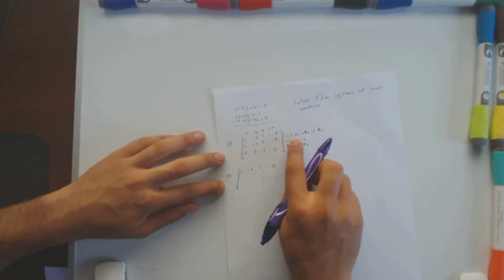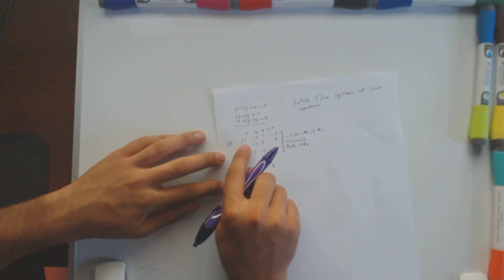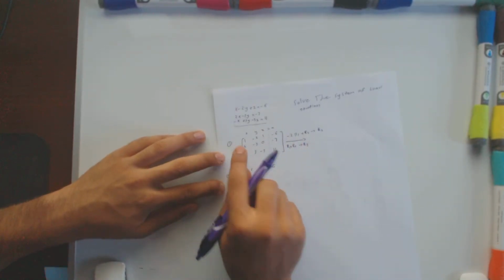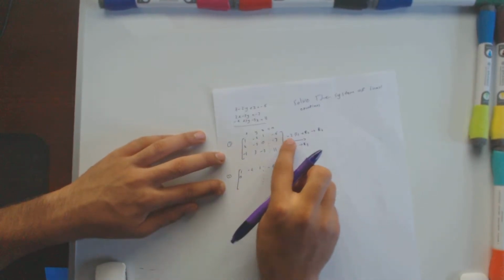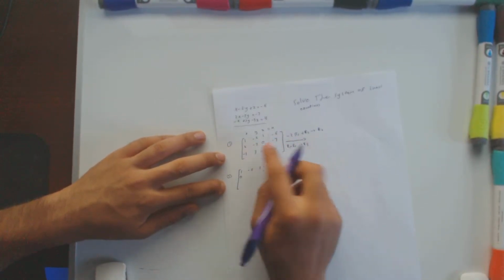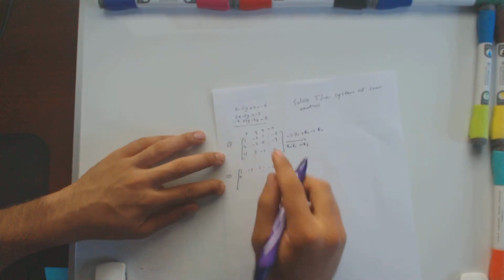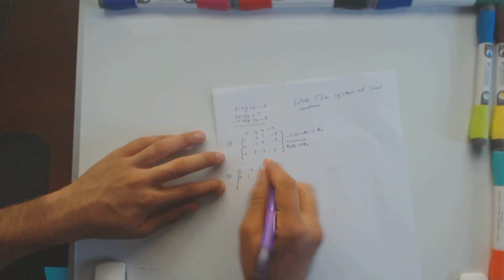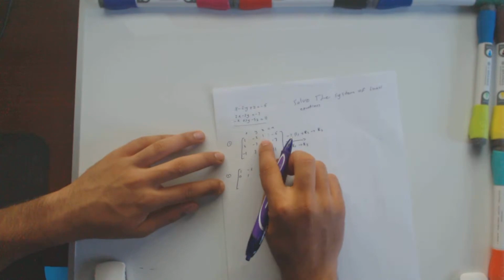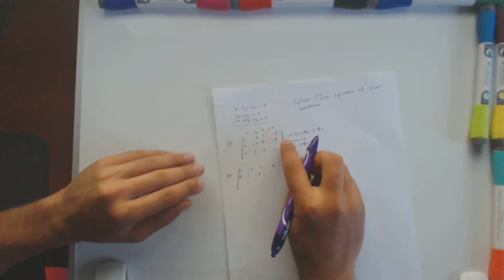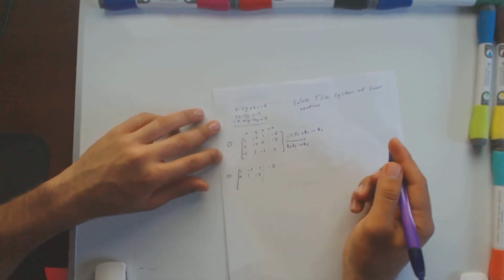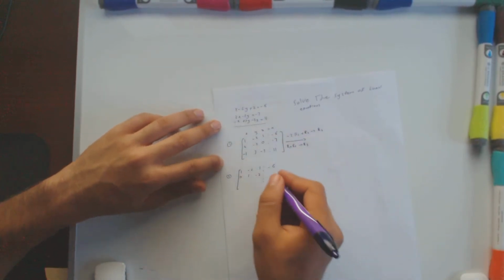So -2 times r1, which is -2 times 1, plus 2, will be 0. And -2 times -2, which is 4, plus -3, will be 1. -2 times 1 plus 0 will be -2. And -2 times -6 is 12, minus 7, which is 5.